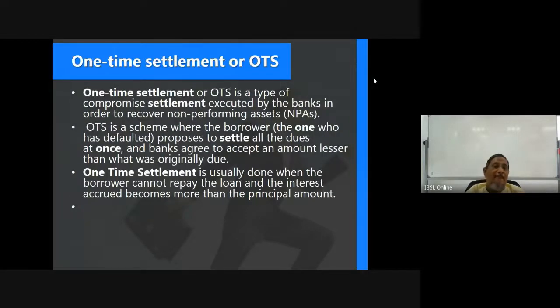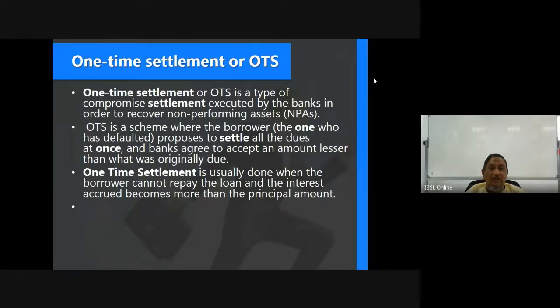One-time settlement, OTS, is a type of compromise settlement executed by banks in order to recover non-performing assets. OTS is a scheme where the borrower, who has defaulted, proposes to settle all the dues at once, and the bank agrees to accept an amount lesser than what was originally due.